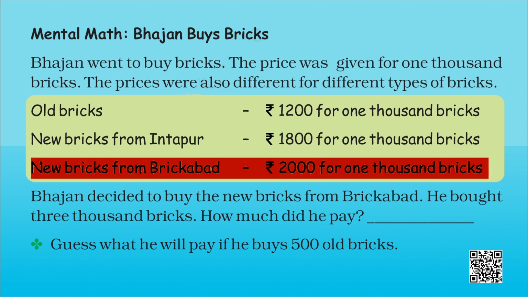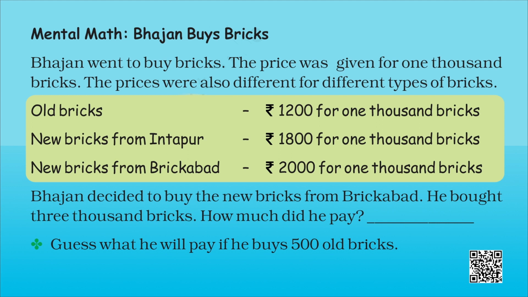We know that the cost of 1000 bricks from Brickabad is rupees 2000. So, if we want to buy 2000 bricks, we have to pay 2000 rupees plus 2000 rupees are equal to 4000 rupees.